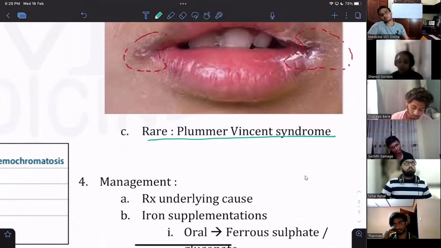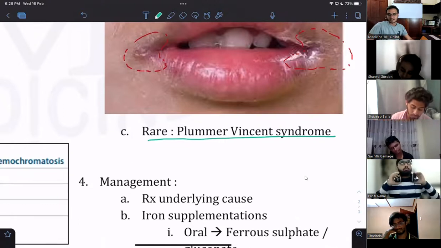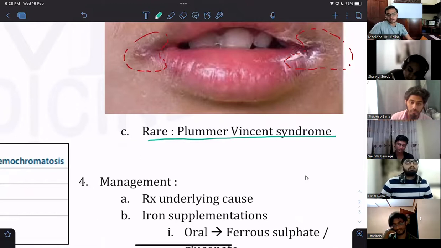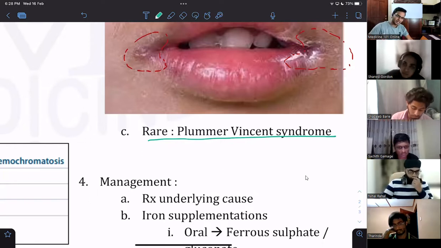Then guys, rarely, this one, not very common. I still have not seen a patient, I know I haven't been working for a long time, but I still haven't seen a patient in university or even outside in the hospital having this Plummer-Vinson syndrome. It is a rare condition, again happens due to the abnormalities in the RBCs and the reduced oxygen delivery.